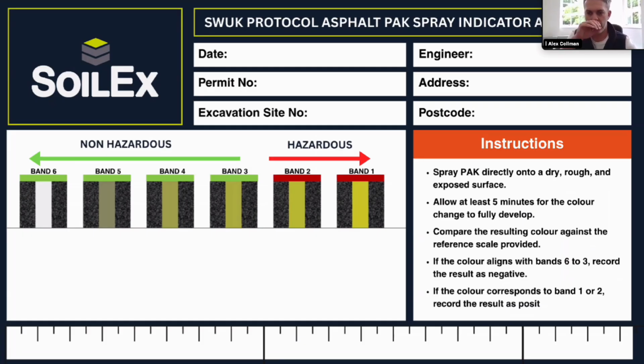It provides them with instructions on what to do, but it also allows them to pack spray, put it on this white surface, do a colour comparison, and take some photographs so you can evidence your process, and evidence the colour change on the pack spray if there is any. I think it will mean that your on-site teams, who we appreciate will have a lot of different jobs to do, are provided with a real simple and clear way to determine if they are following the protocol directly.